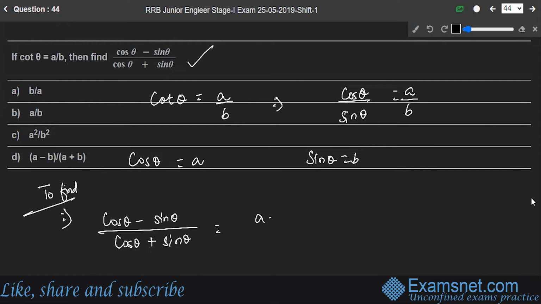So here you have (A minus B) upon (A plus B). Simple as that. Let's check with the options. Yeah, this is the one. D option, right answer.